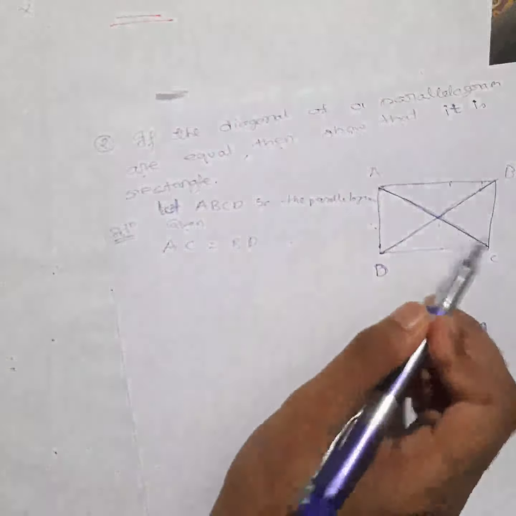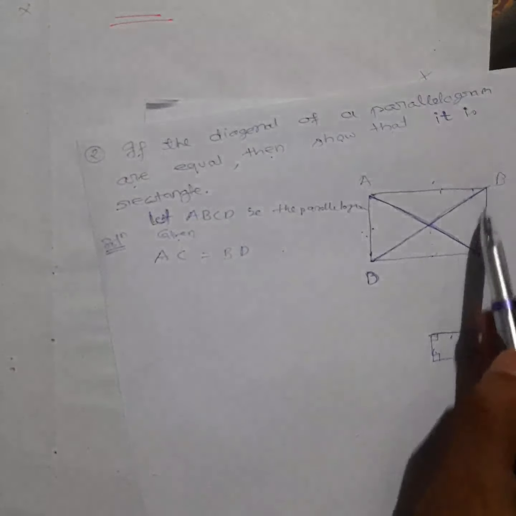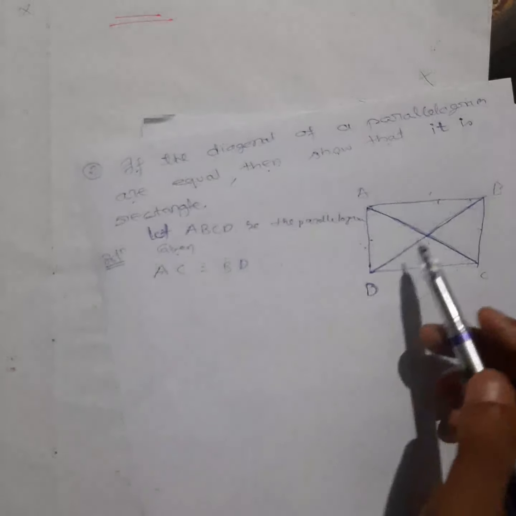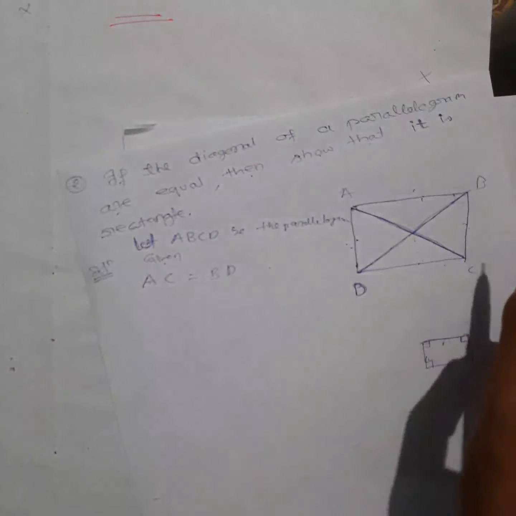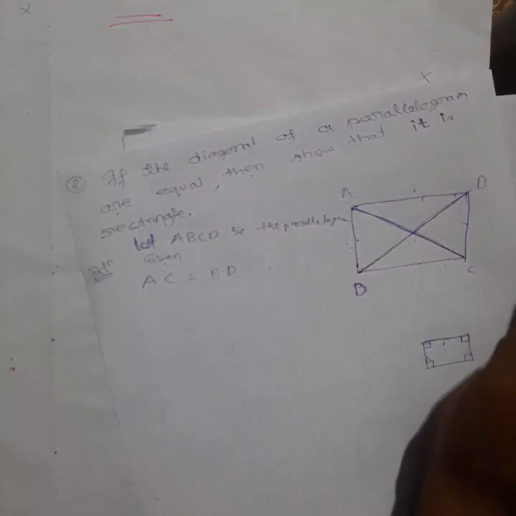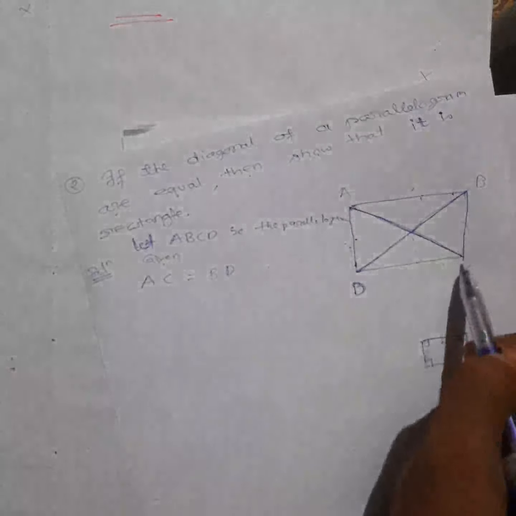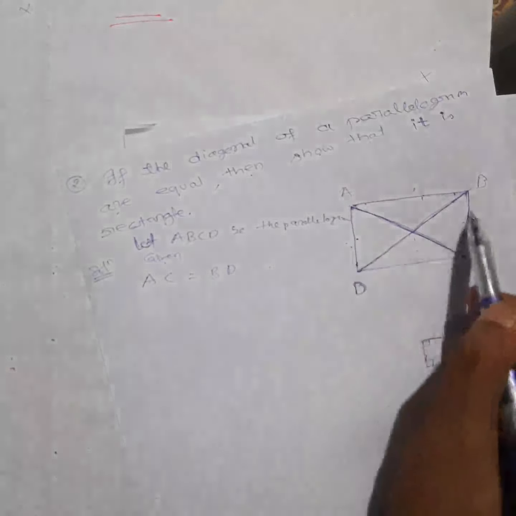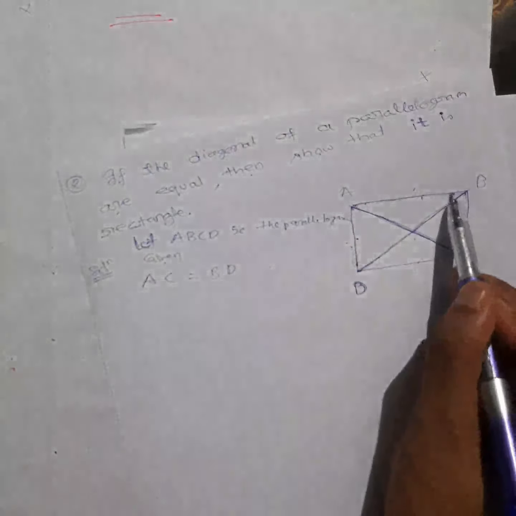Now you think how you will use this parallel information and this equal information to show this angle is 90 degrees. Just show one angle is 90 degrees, the rest you can write similarly. So how will you show it is 90 degrees? See, very simple, this line and this line are parallel, right? If this line and this line are parallel, this will be what? Transversal. If this is a transversal, and this line and this line are parallel, then this and this will be what?